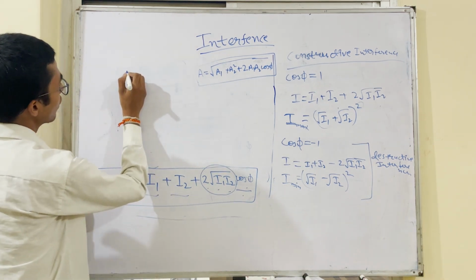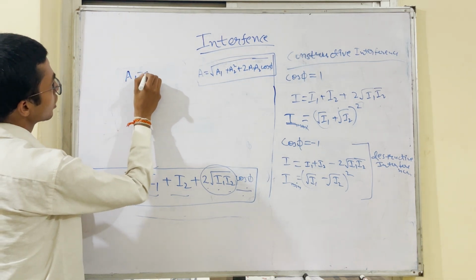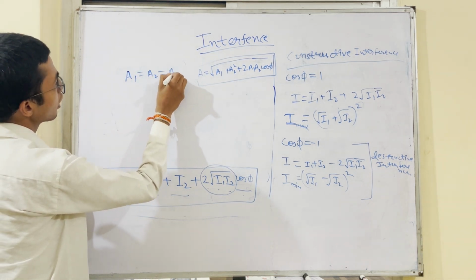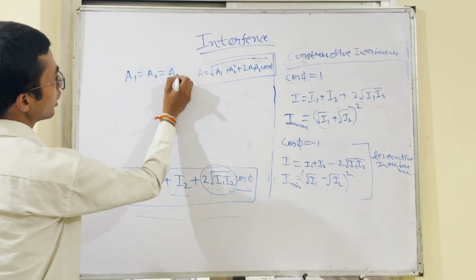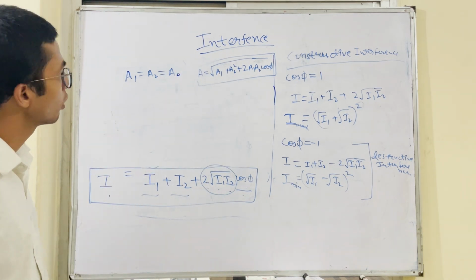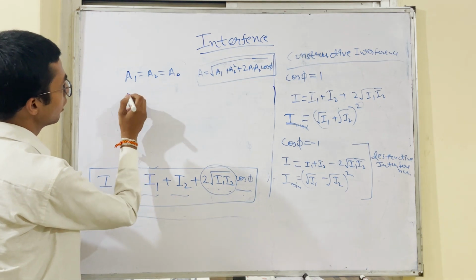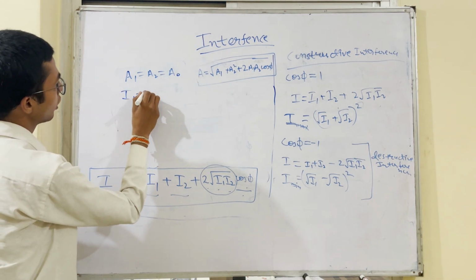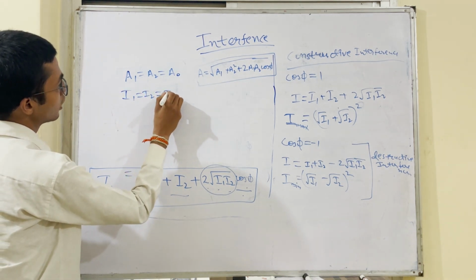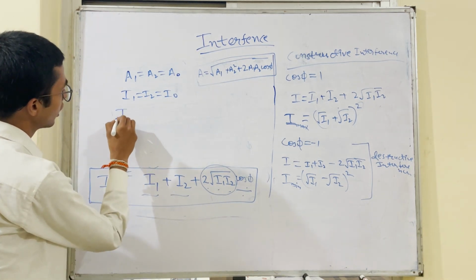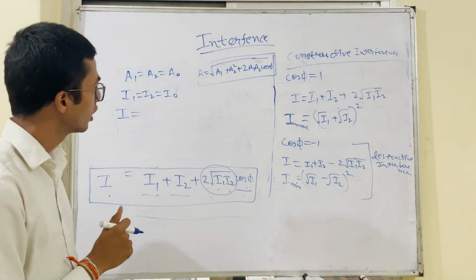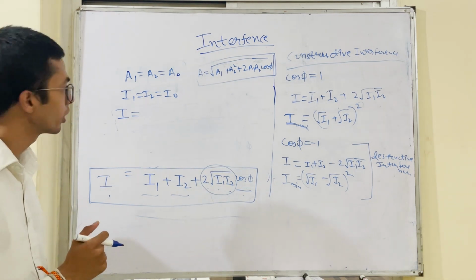Like if I say here that A1 equals A2 equals A, I'm taking this as some arbitrary value. I'm taking A1 and A2 as equal. Now obviously A1 and A2 will be equal, but I1 and I2 will also be equal, which I am taking as I0. Correct? So now I want to find the resultant intensity at the point of superimposition.